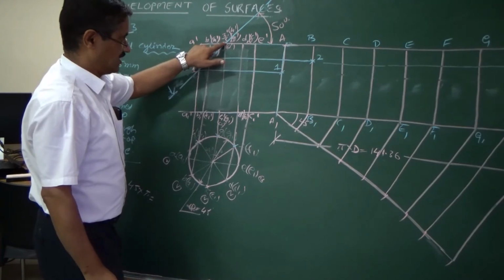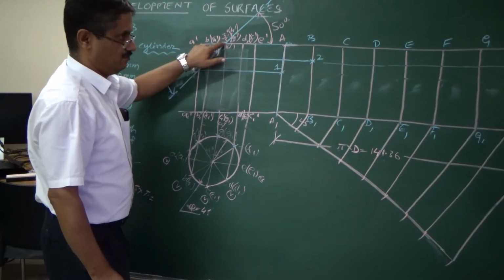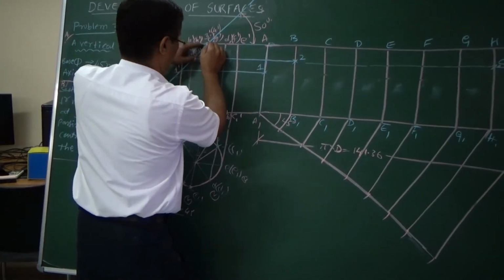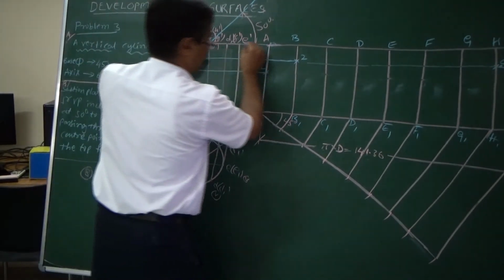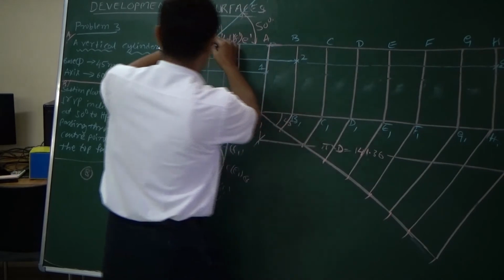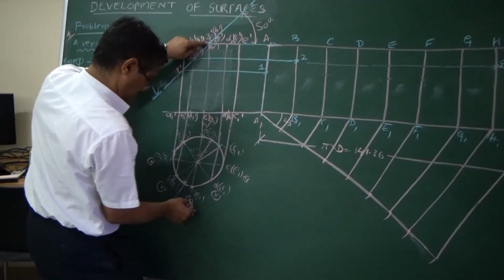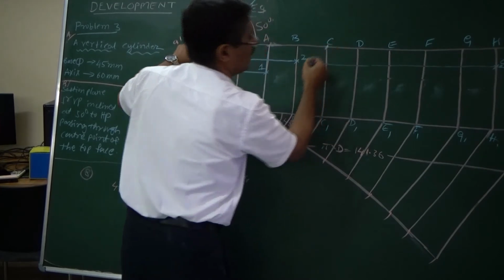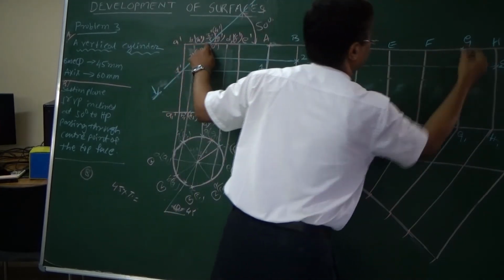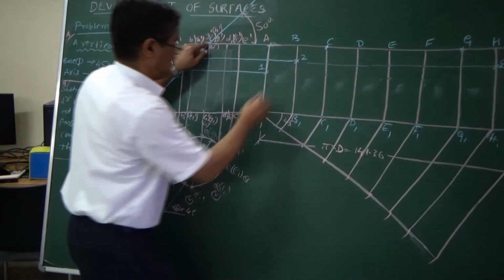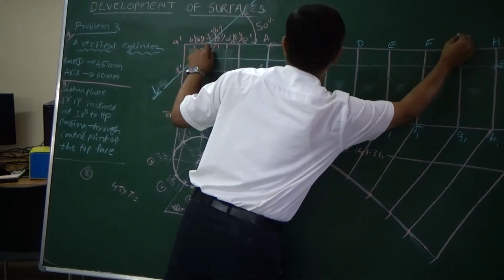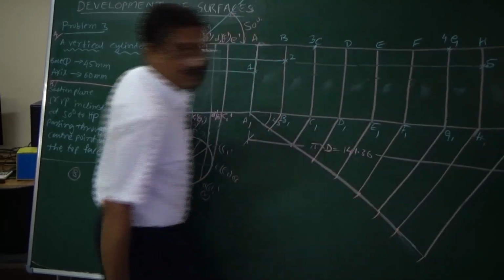So coming to this now, 3 and 4 we have to mark. So 3 and 4, if you draw it, it is on the line C and G. So C and here on the G. For the visible one we call this 3, and for the invisible one we call this 4.